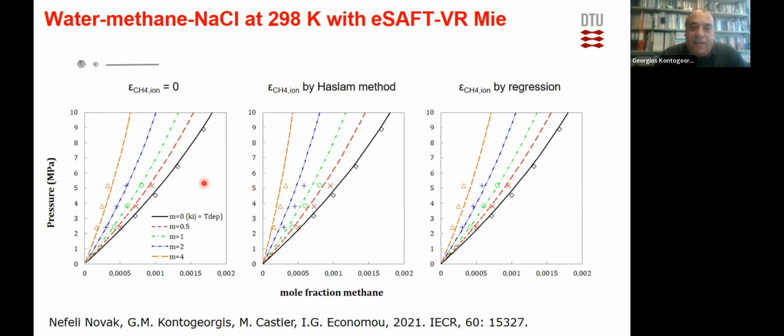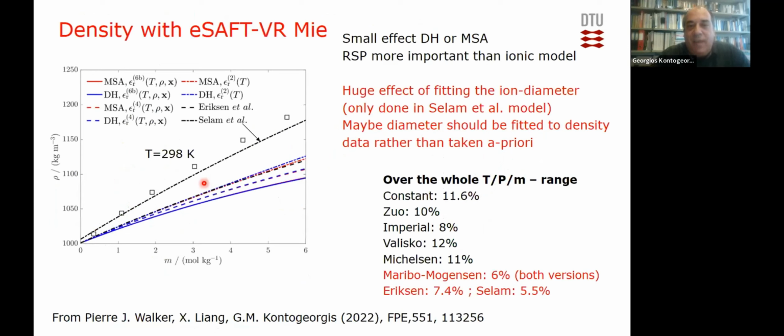So these are some very good results with this model, and staying with the same model, but from another study that we published this year, you can see the density with this model that is very good if the density is included into the parameter estimation. So the dotted line that you see here is from the published version of the model when we have included the density into the parameter estimation.